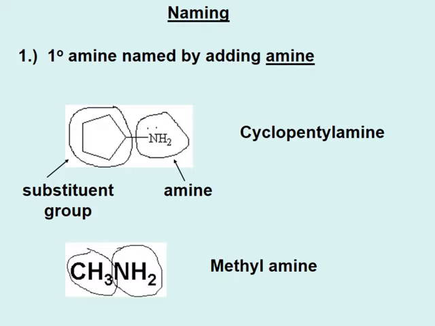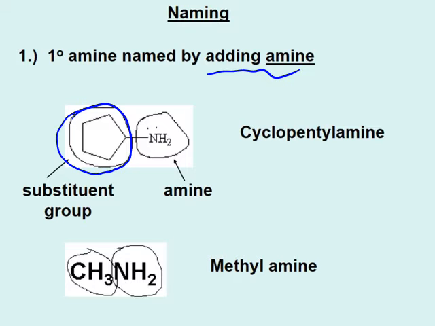Now in naming compounds, if I have 1-degree amine, you just write down amine at the end and write down the substitution group. Here, the group that is bonded to nitrogen is cyclopentyl group, which we get by removing 1 hydrogen from cyclopentane.